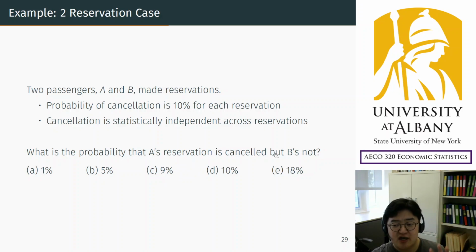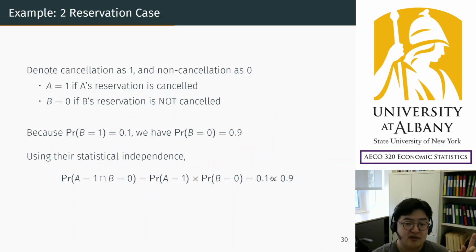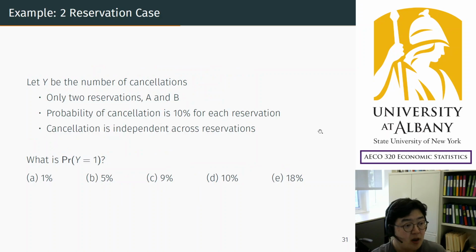A's cancellation and B's non-cancellation. And this is 10%, this is 90%. You multiply them. That is the answer. The answer is C. 9% is the answer. Okay? So then, basically, this is why the 2 reservation case is simple.